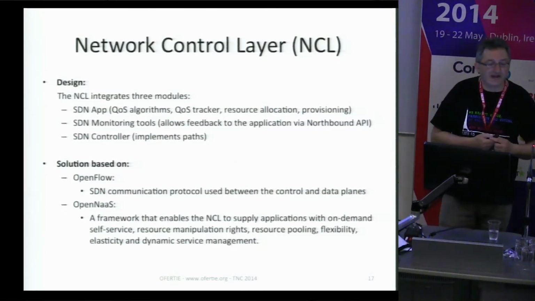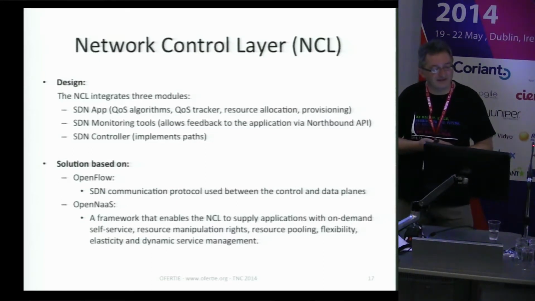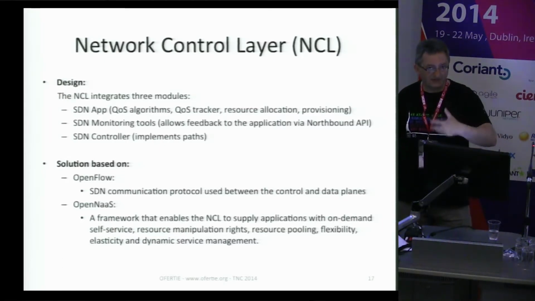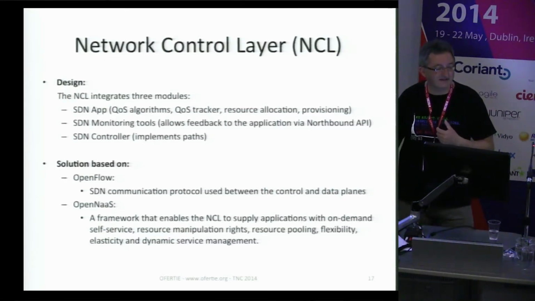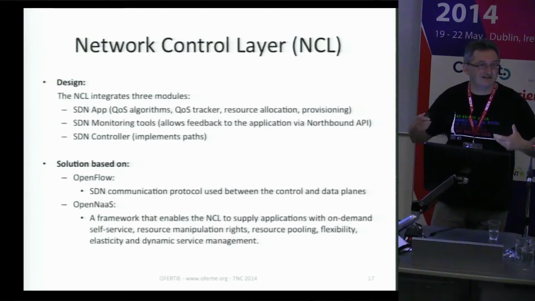And what are the elements of the network control layer? There's something called the SDN app, which does those QoS algorithms, tracks the resource allocation, and gives the provisioning commands down to the underlying network. There are the monitoring tools, where we check that the requests are being honored and that there aren't underlying changes in the network where the SLA, for example, is being broken.